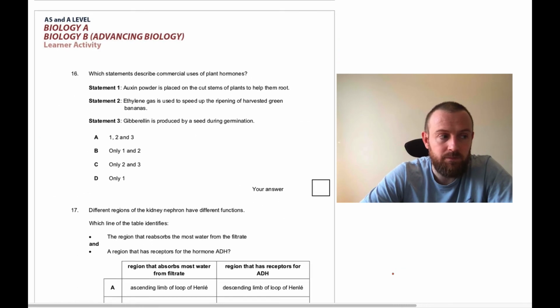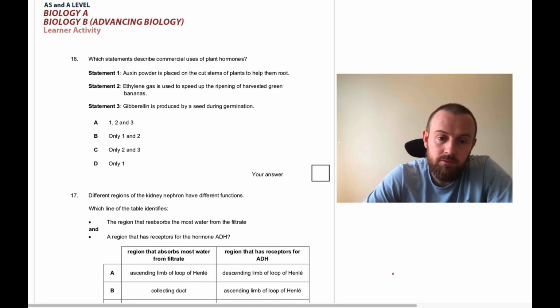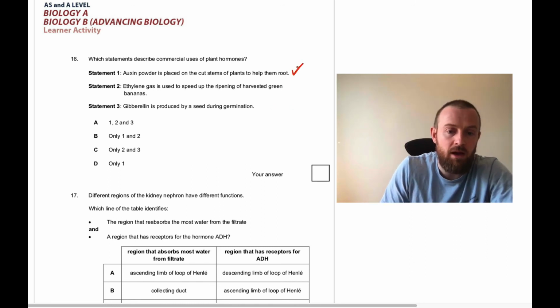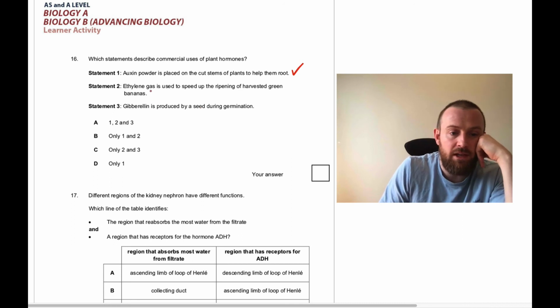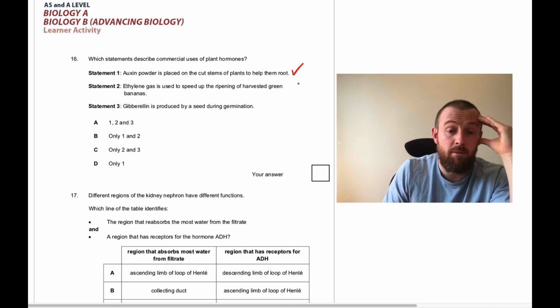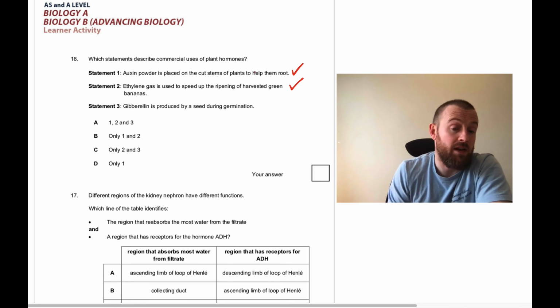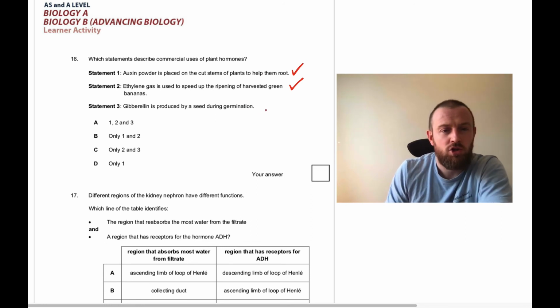16. Commercial uses of plant hormones. Okay, auxin powder is placed on the cut stems of plants to help them root. Yeah, that is true. So it's used as a rooting powder or rooting gel. Ethylene gas, ethylene and ethene are the same thing, is used to speed up ripening of bananas. Yes, that's true. And gibberellin is produced naturally by a seed during germination. That is also true.